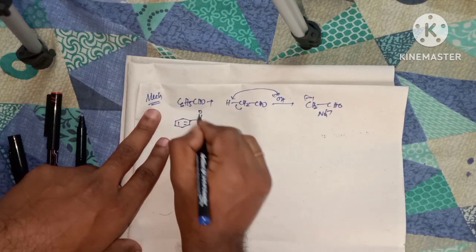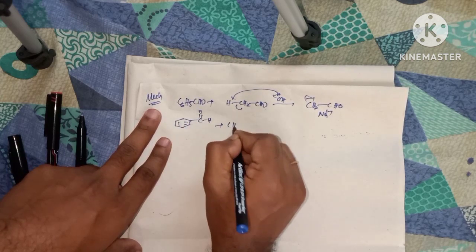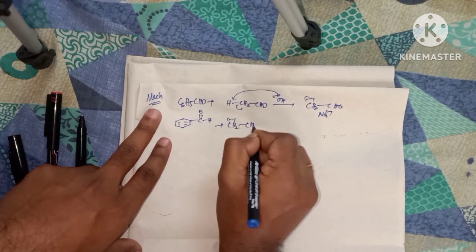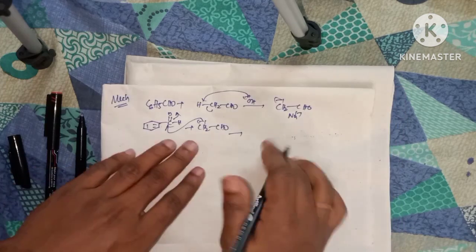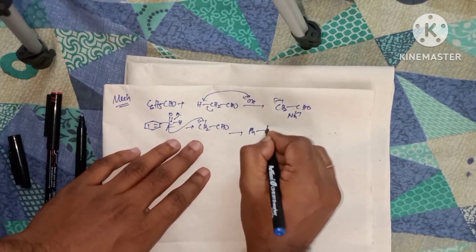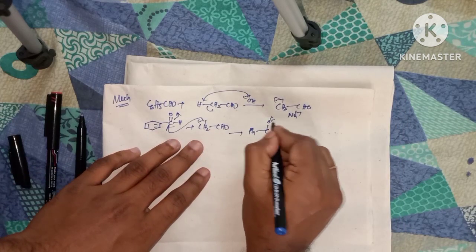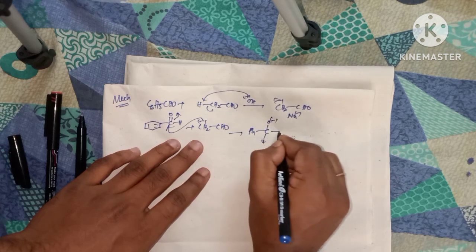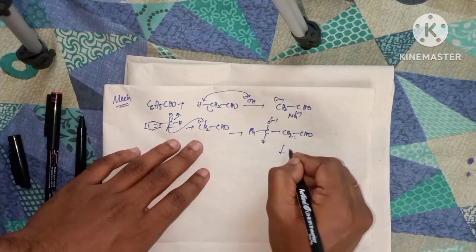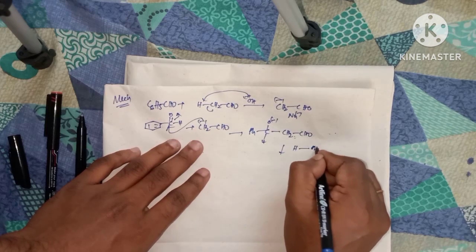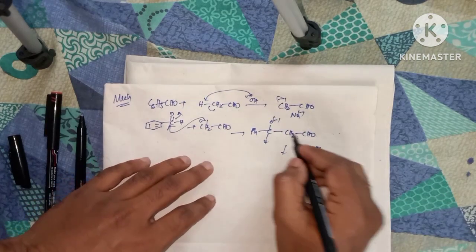The CH2 minus CHO attacks the C double bond O of the aldehyde and forms C6H5CH(O minus)CH2CHO.